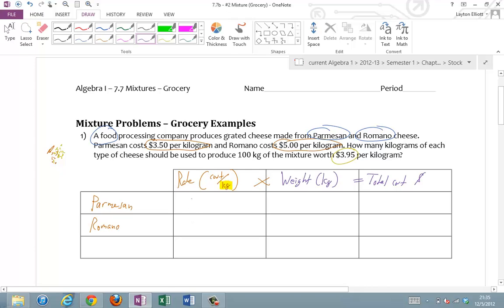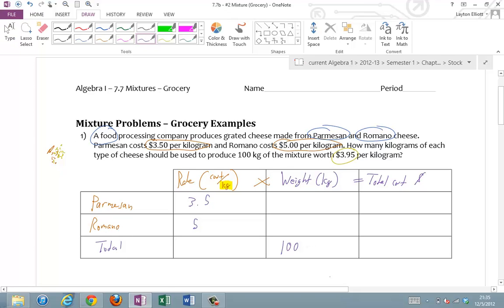The rate for the Parmesan cheese was 3.5. The rate for the Romano was 5. The weight, okay, we've got another case here where we have a total weight. That would be the 100, so I'm going to put a total here.